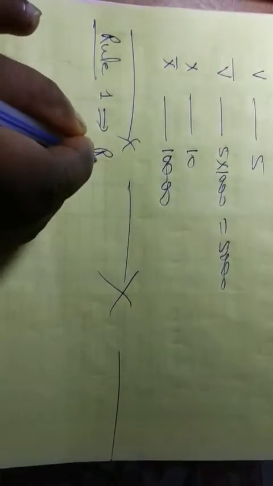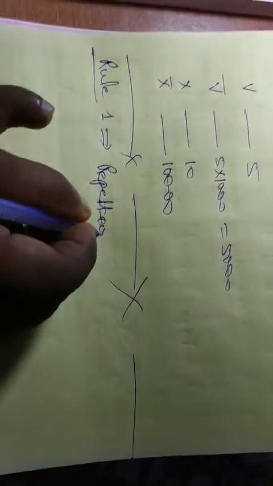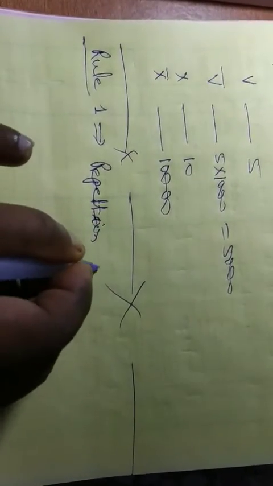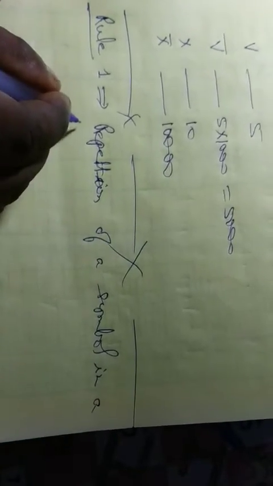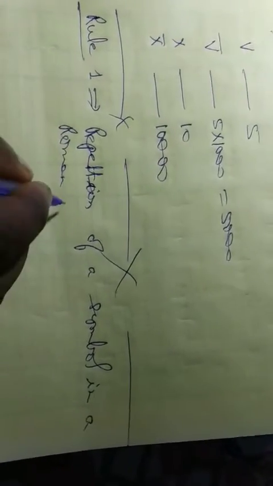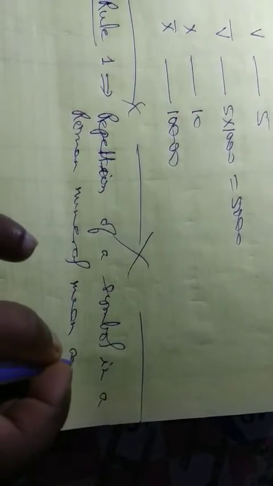Now the rules. The first rule is that repetition of a symbol in a Roman numeral means addition.